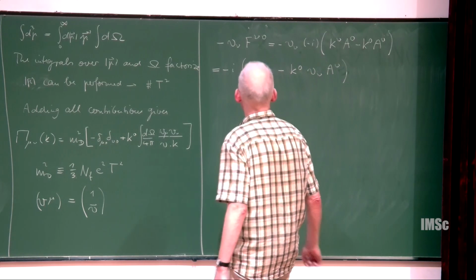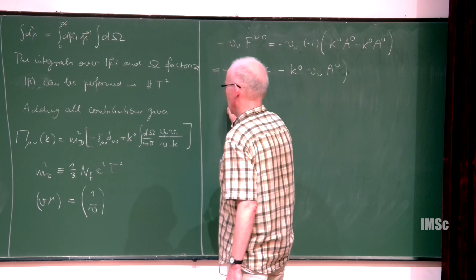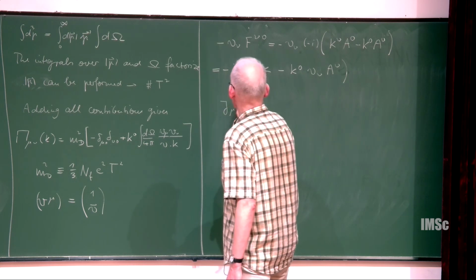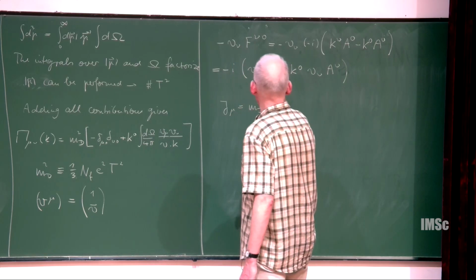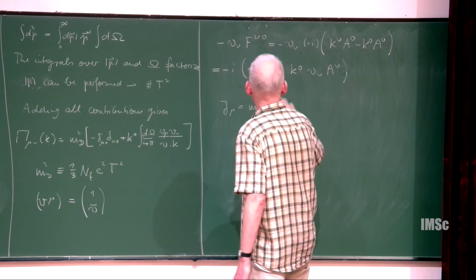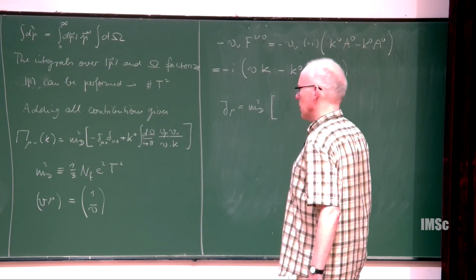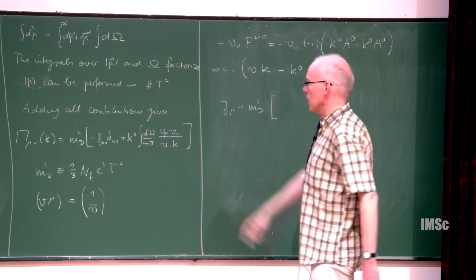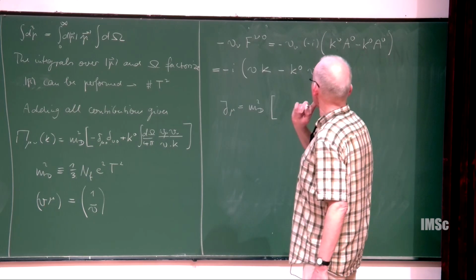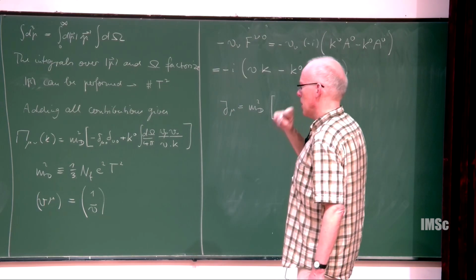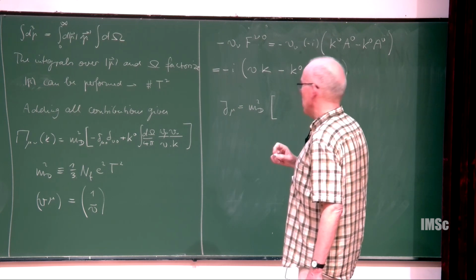So what we get for the current is J^μ equals the Debye mass times the integral dΩ, or we can already make this explicit. We have tried to get the signs right. Minus i times plus i gives plus 1. Then we have a delta.